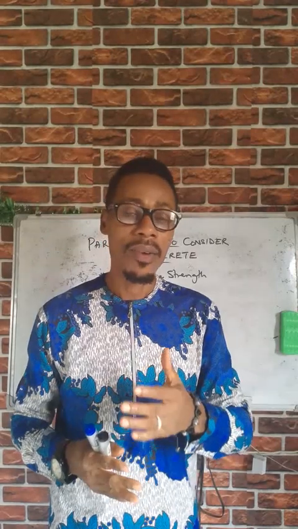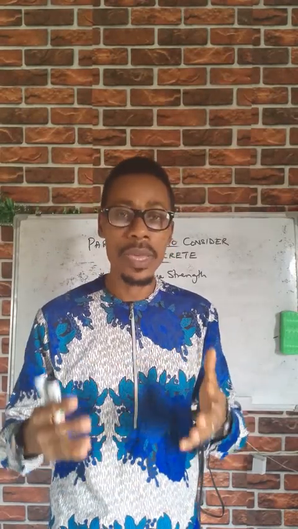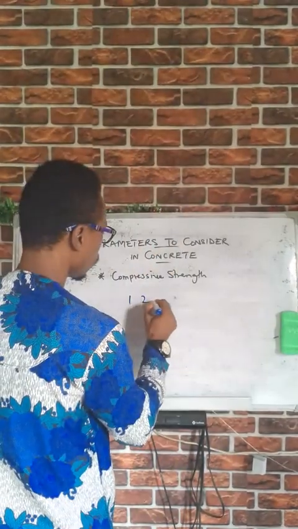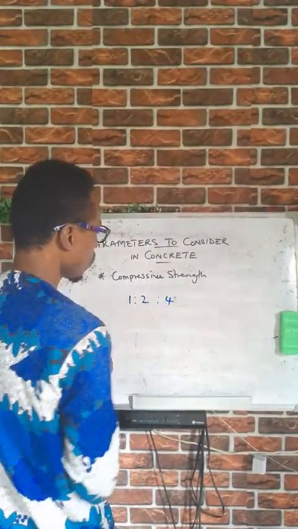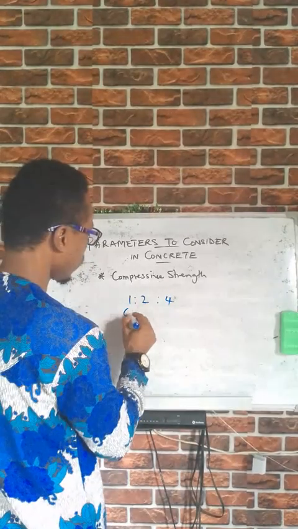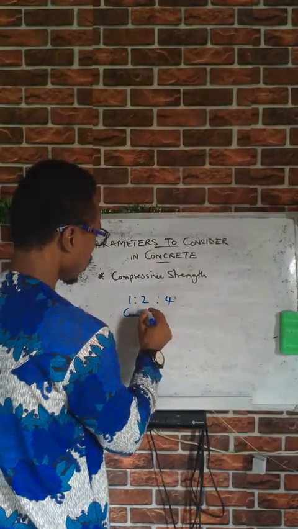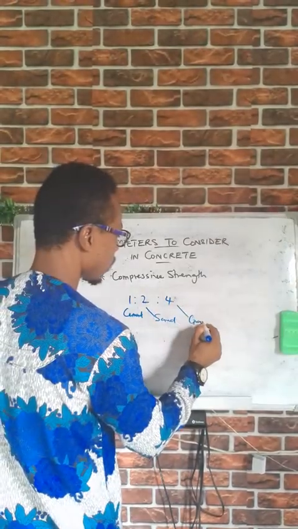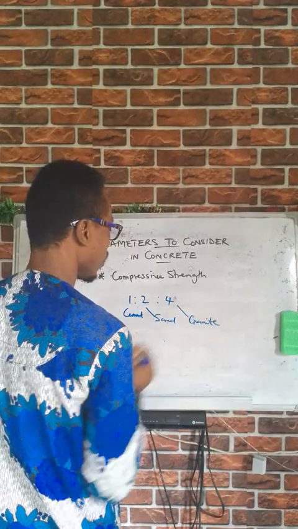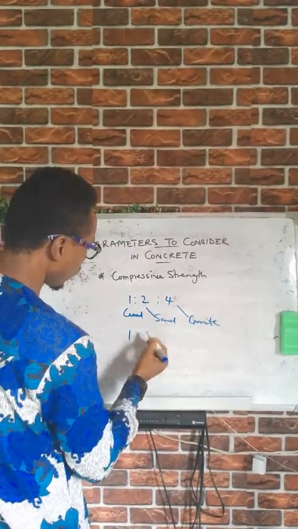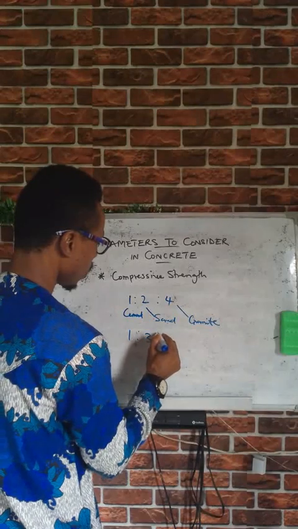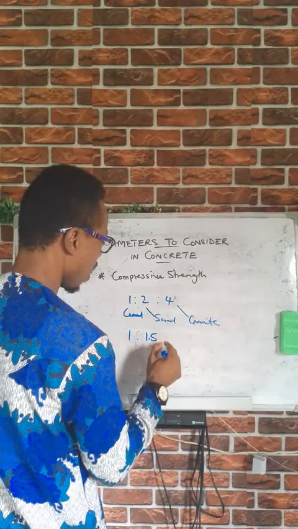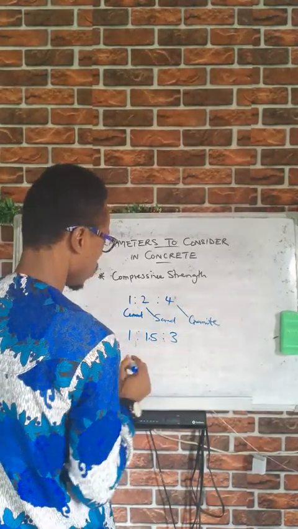For instance, if we have a mixture of maybe 1:2:4, this is a ratio. It means that this is cement, this is sand, and this is granite. Then we also have, let's say, 1:1.5:3.